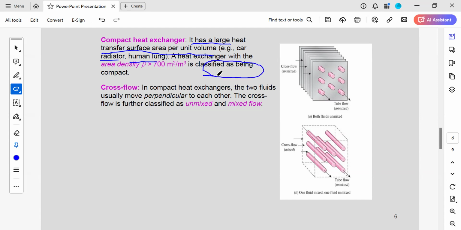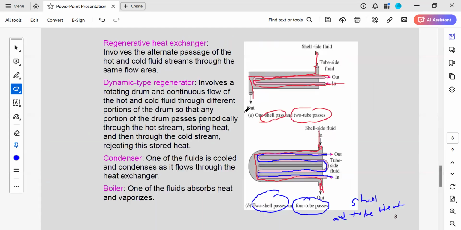And the last one is the boiler and the condenser. A boiler is one type of heat exchanger, and a condenser is one type of heat exchanger. In a condenser, one fluid is cooled and the other fluid condenses as it flows through the heat exchanger.